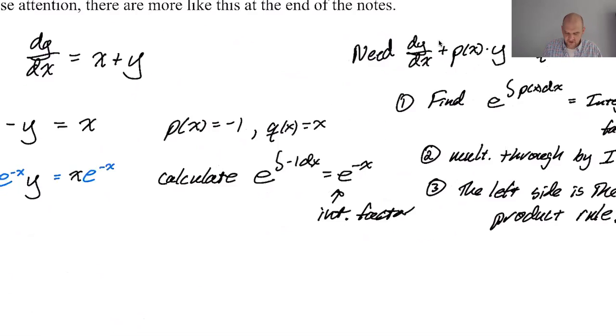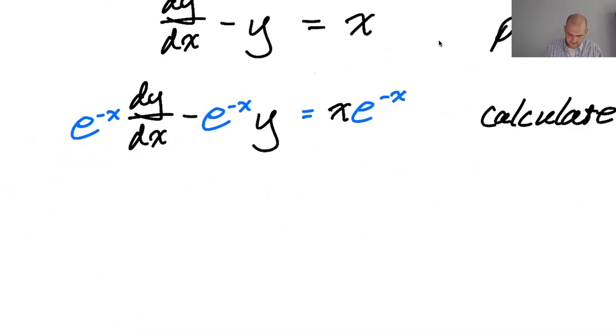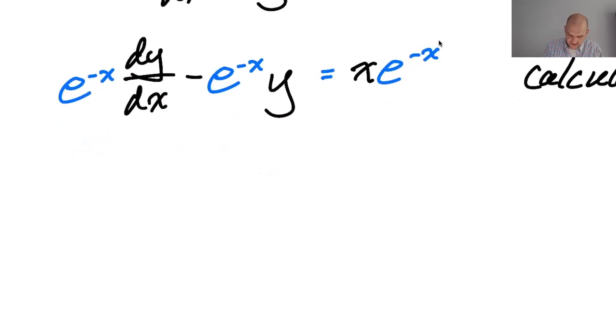So let's see if that's true. Well, over here, it's the first times the derivative of the second plus the second times the derivative of the first. It worked. So this side is d/dx of e to the negative x times y.